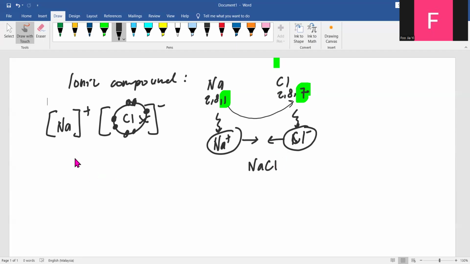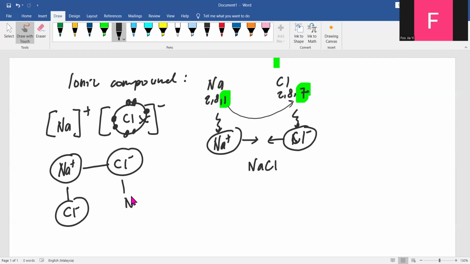All right, now what happens is in an ionic compound, it's not just one sodium and one chloride. It will go on and on and on in a giant, what is it called? Giant lattice. Do you remember learning this?